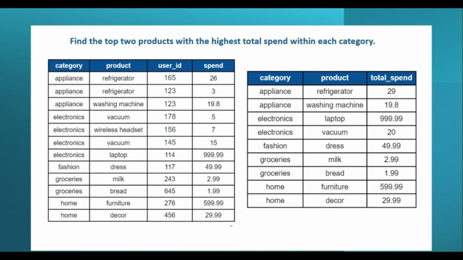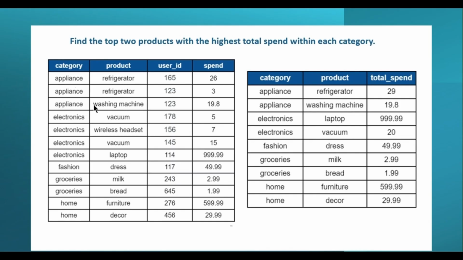So now to do that, you will have to find the total spend of each product in each category, right? If you clearly see here, we have different categories of products: appliance, electronics, fashion, groceries, and home. For the appliance category, you can see there are 2 distinct products.